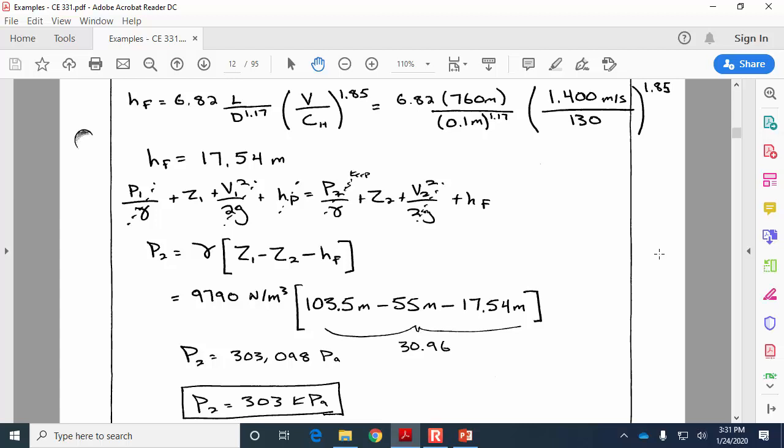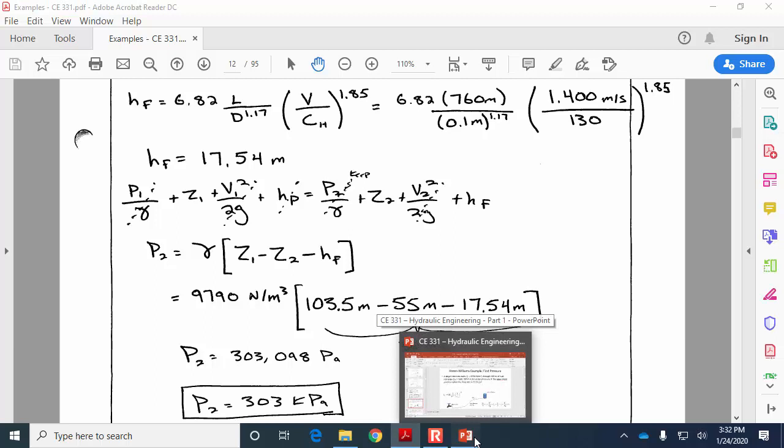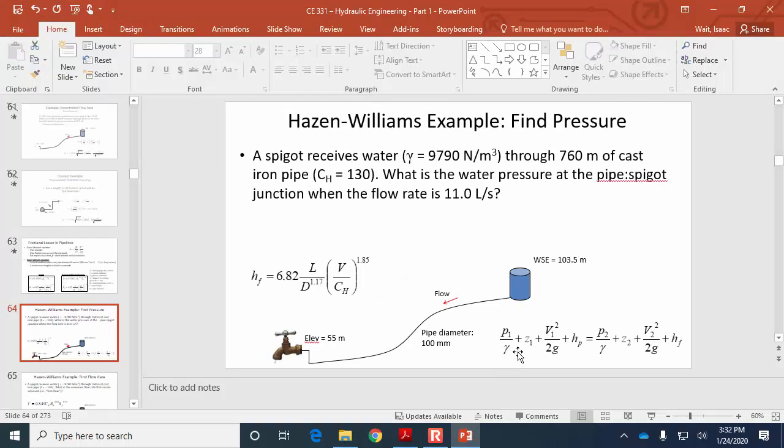Are there other questions on this problem? Could we have solved this problem with Darcy-Weisbach? Of course. So how would things have been different if this was a Darcy-Weisbach problem? Well, instead of a C sub H, you would have had to go to chapter 10.